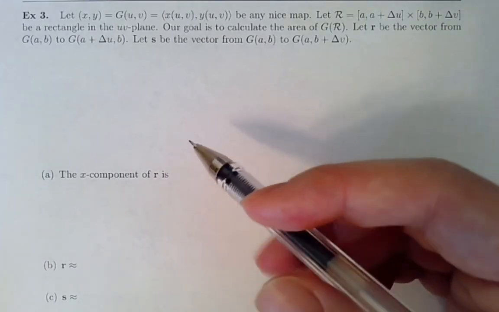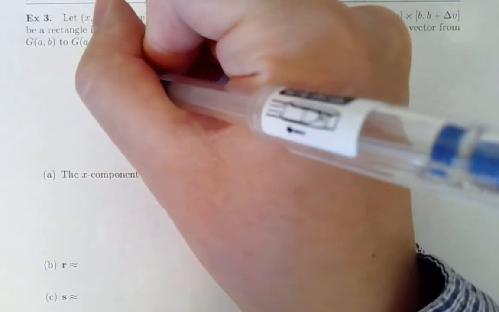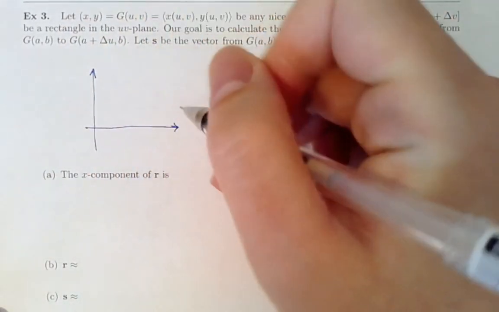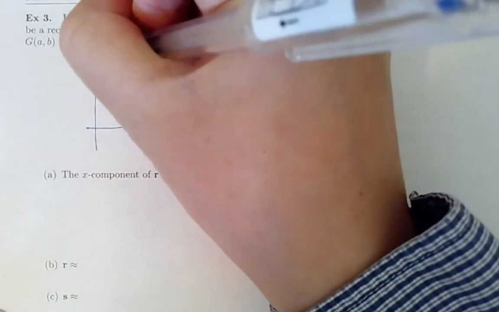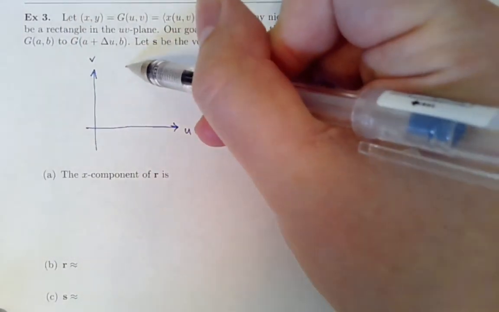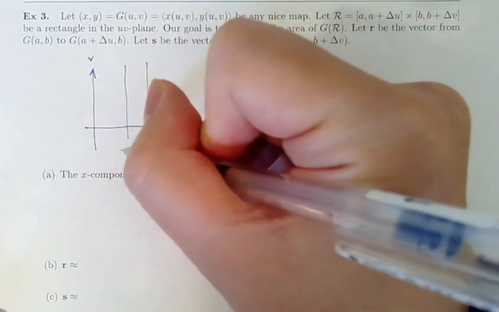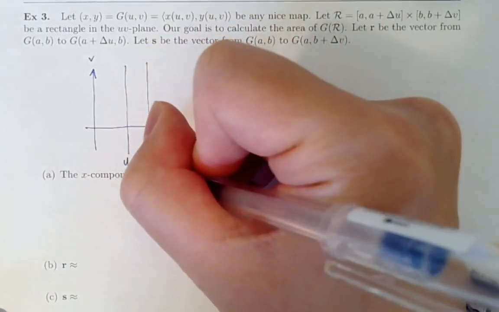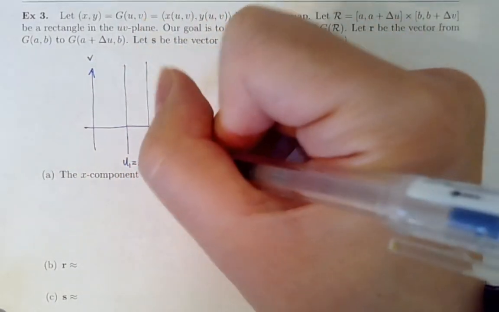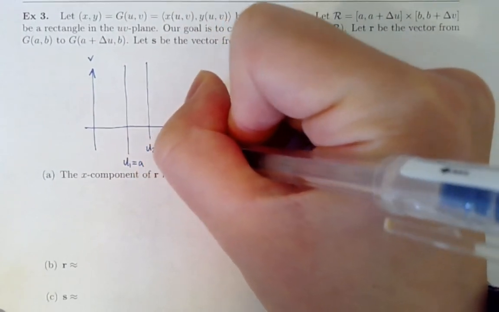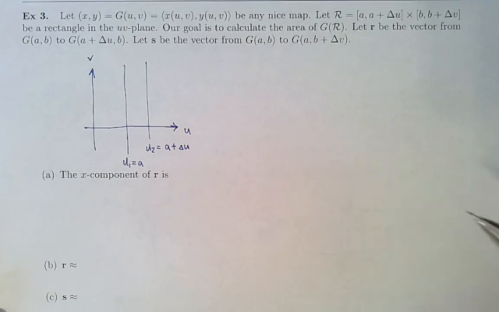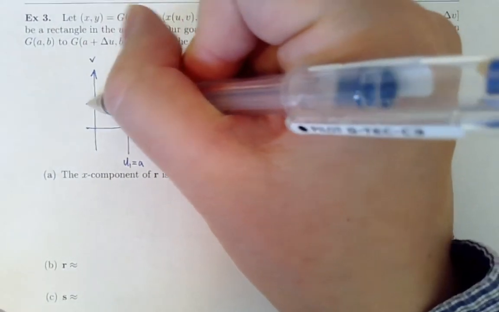All right, so here, let me draw the same picture that I've been drawing. Here it's in the UV plane, and let's draw 2 lines. Let's say U1 is A, and U2 is A plus delta U. And then let's draw 2 lines.